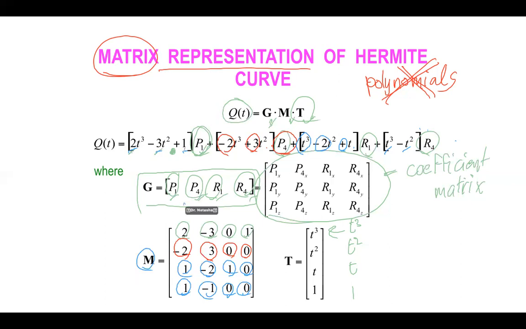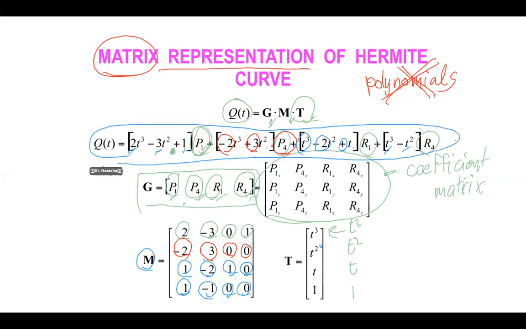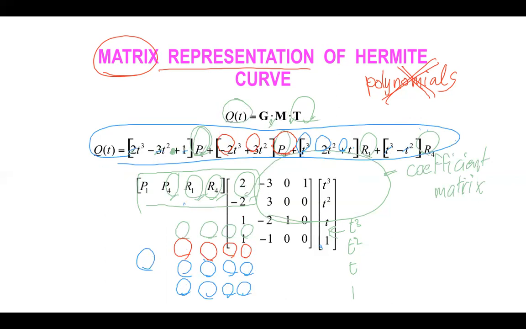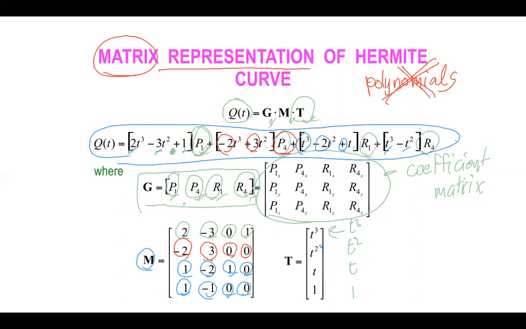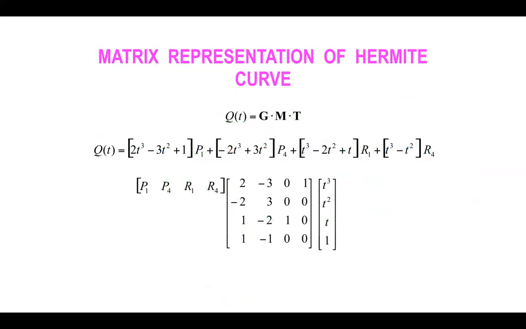When you multiply these all together, you can come up with this polynomial as well. So here we have matrix G, matrix M, and matrix T.